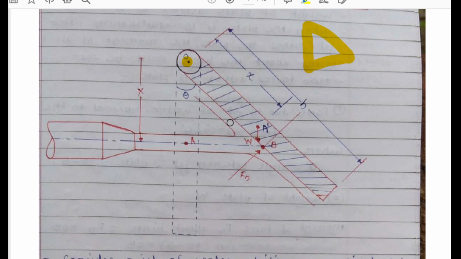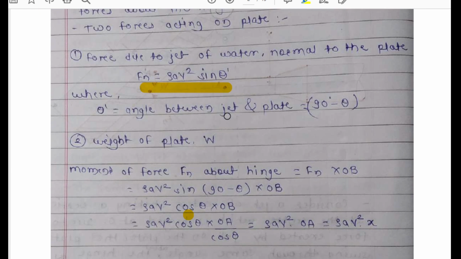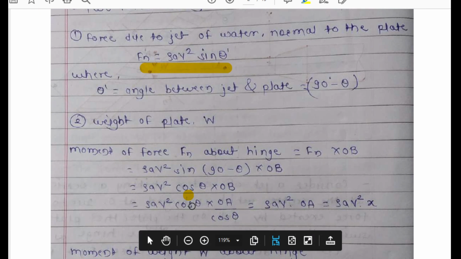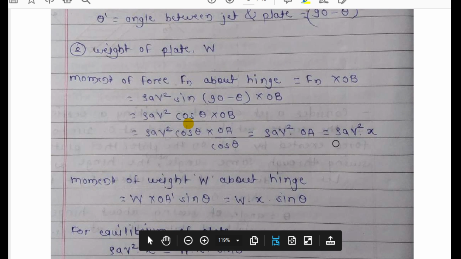That means OB equals OA upon cos of theta. So this cos theta and this cos theta will get cancelled, and rho a v square OA will be your value of Fn. Now this OA is given as value x. So the final answer is rho a v square into x.